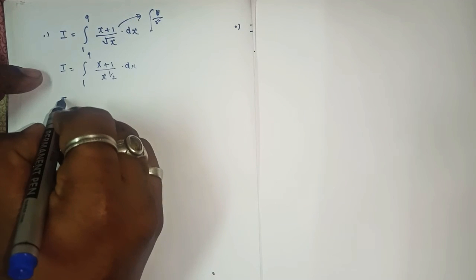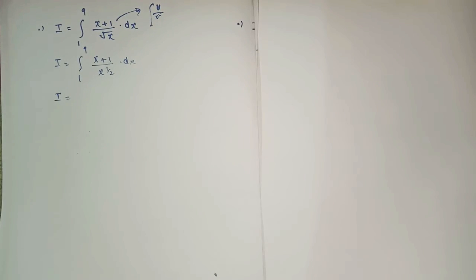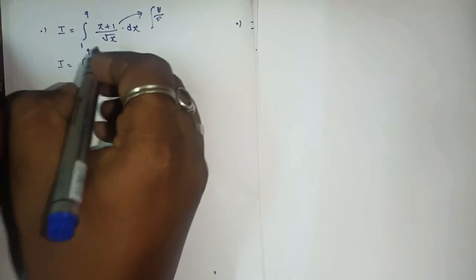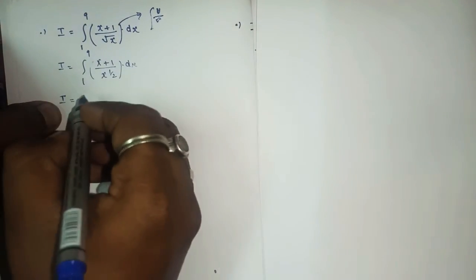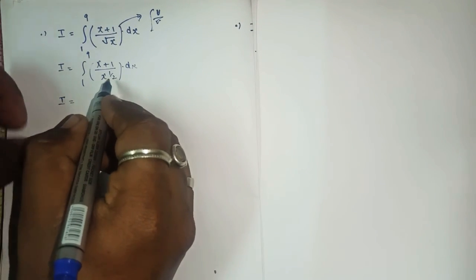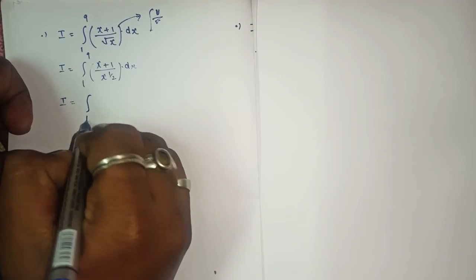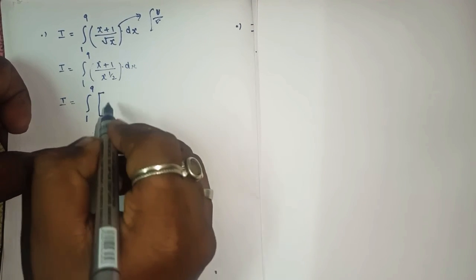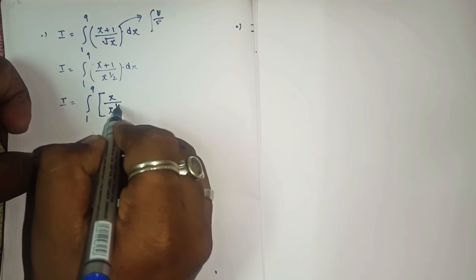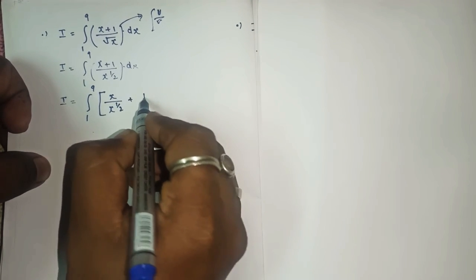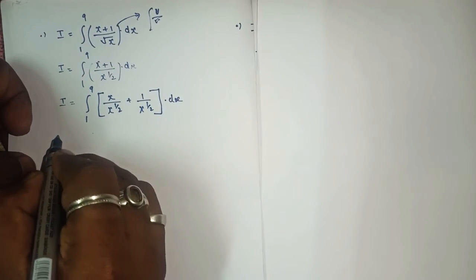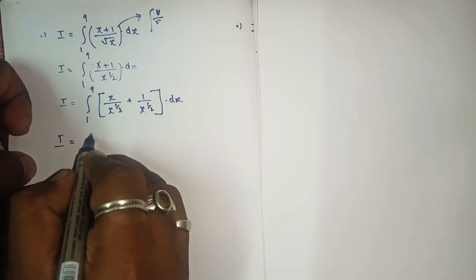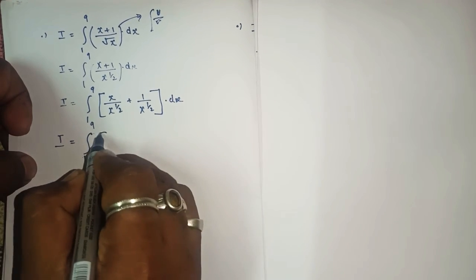Okay, now as here the denominator is a single term, so we can separate the denominator, yes or no. So here you will get x upon x raised to 1 by 2 plus 1 upon x raised to 1 by 2 into dx, yes or no. So I equals integral from 1 to 9.